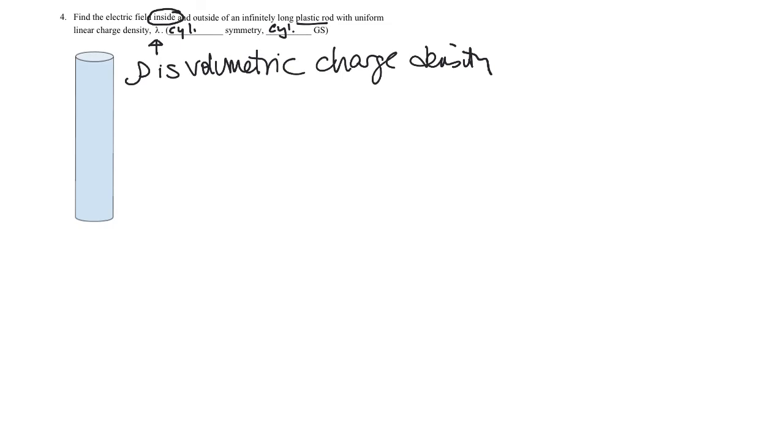Before I get too far, big picture here is that when we do Gauss's law, in general, there's only two hard things that you have to do every time you do a Gauss's law problem. The first, once you figure out the symmetry, then you're good, and then you need to remember what the area of the appropriate surfaces that you're dealing with.